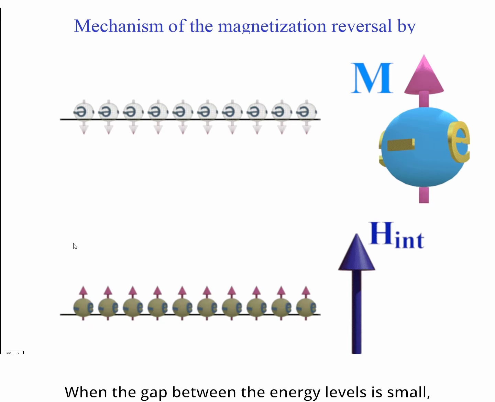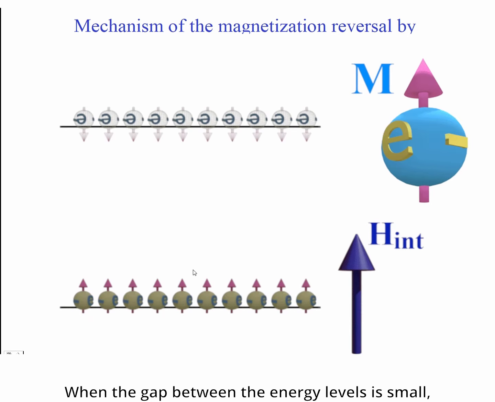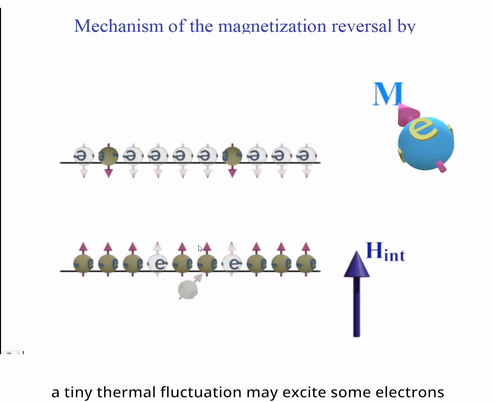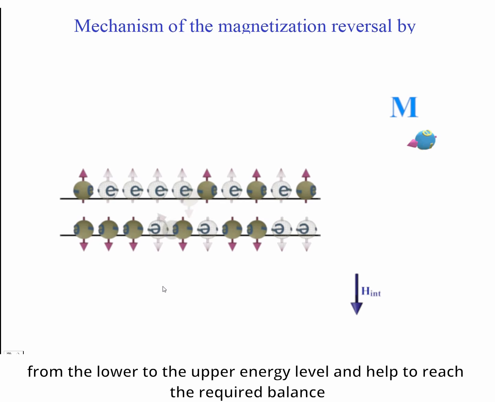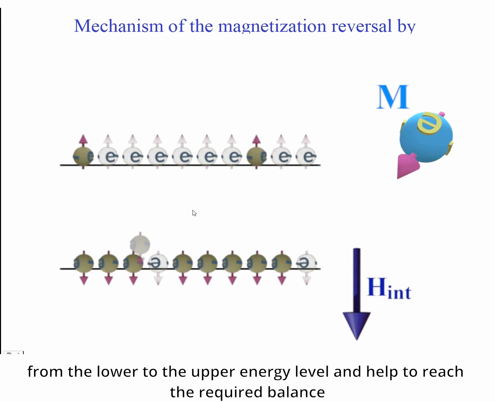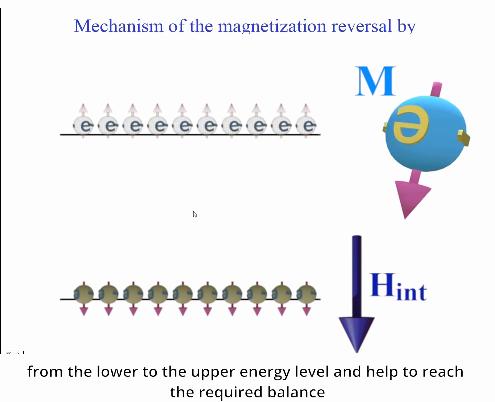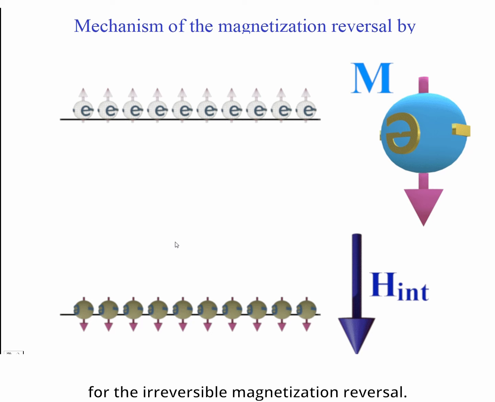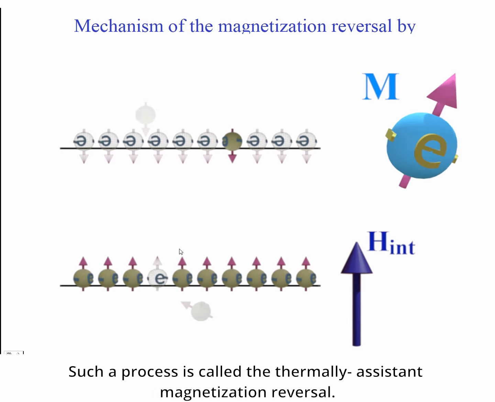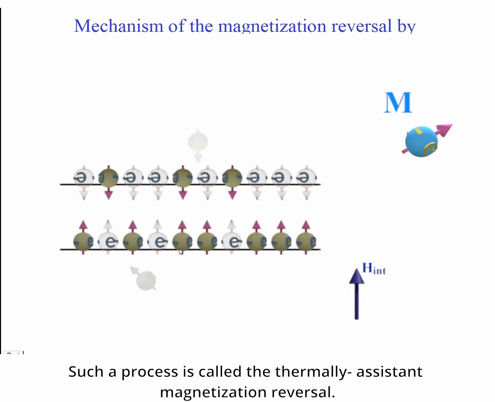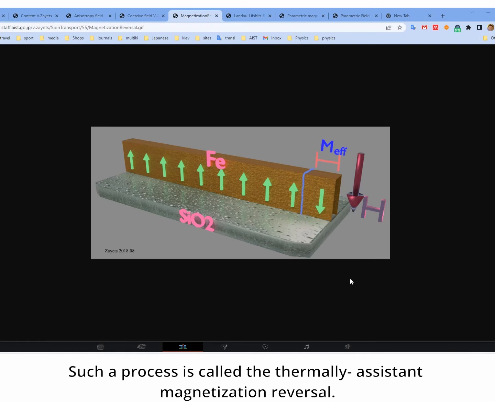When the gap between energy levels is small, a tiny thermal fluctuation may excite some electrons from the lower to the upper energy level and help to reach the required balance for the irreversible magnetization reversal. Such a process is called the thermal-resistant magnetization reversal.